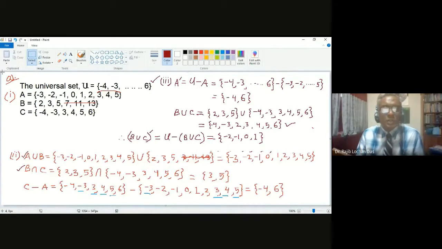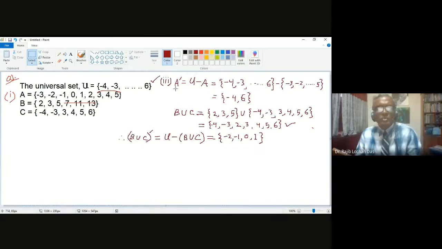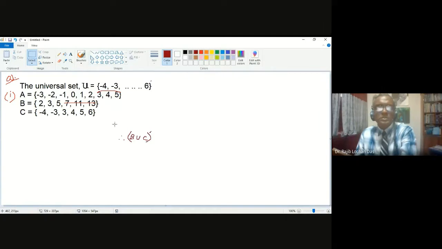So there are some laws, or some rules, that can be applied also in set theory, and sometimes also in other areas. You know something about Boolean algebra, okay? So it has some connections also.